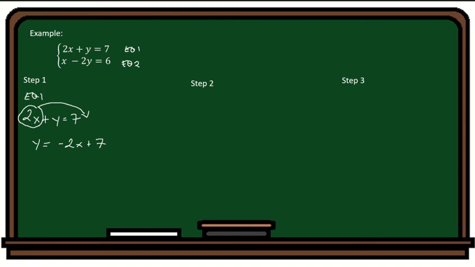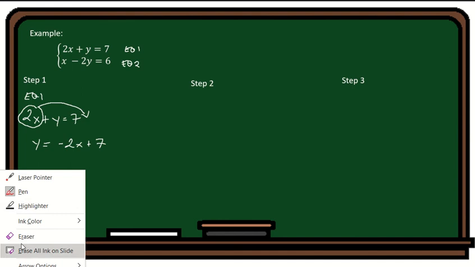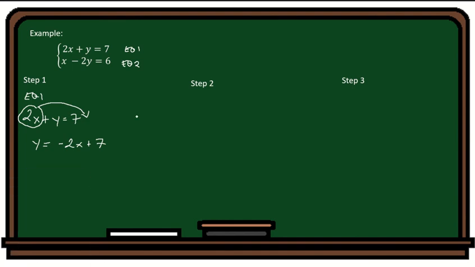Step 2. We will substitute the value of y in the other equation. Since we already used equation 1, we will now use equation 2. Equation 2 is x minus 2y equals 6. Now we will substitute the value of y in this part.